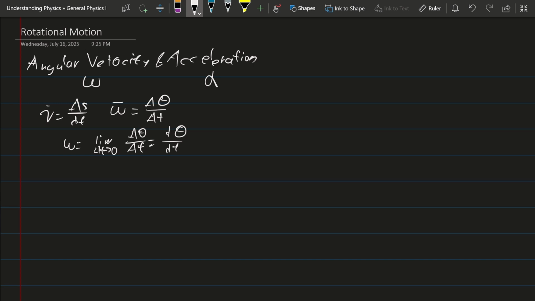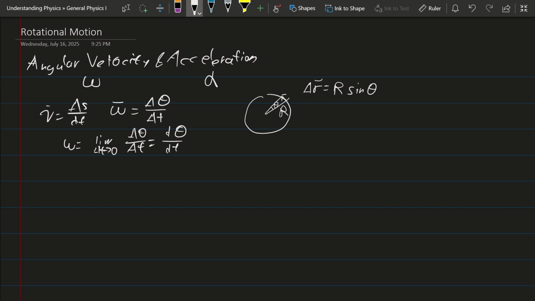And so there is something that we could actually figure out only by using this. Let's say you are moving in a circular path and you change by a certain small angle. You would know that this change in s is basically the radius times the change in theta.